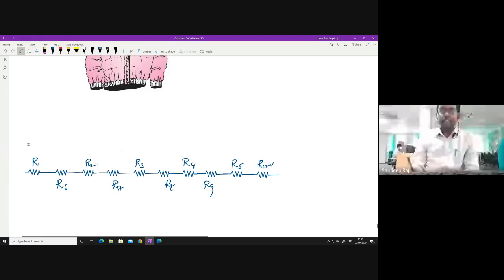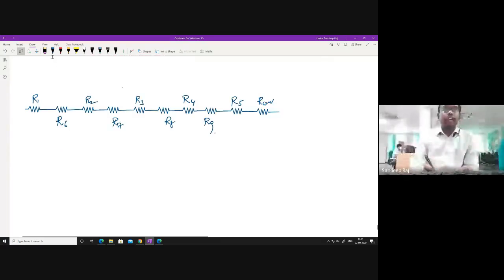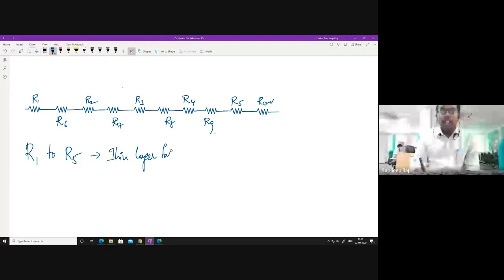Here, R1 to R5 are the resistances of thin layer fabric. And then R6 to R9 are the resistances due to the air space.